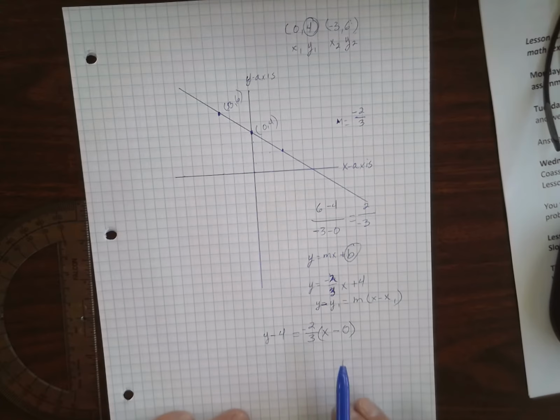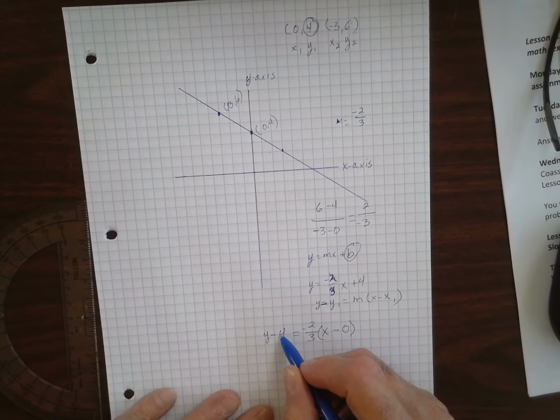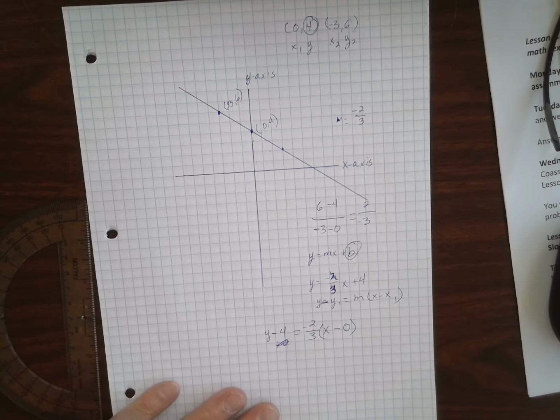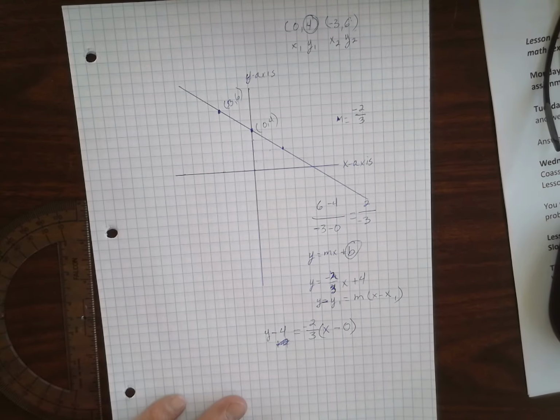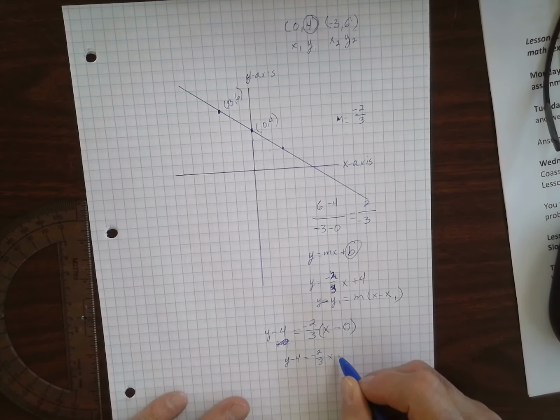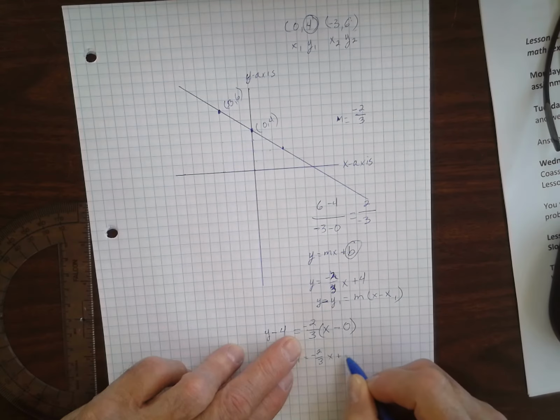So here I've got my little point slope formula, so I need to get y all alone. I'm going to add 4 to both sides. Oh, but first, we have some parentheses here, right? Remember the order of operations? So y minus 4 equals negative 2 over 3x plus 0.